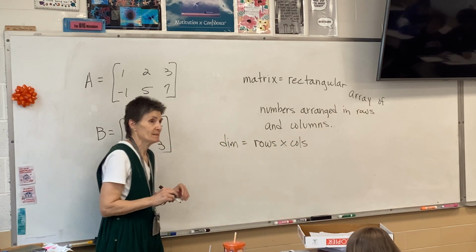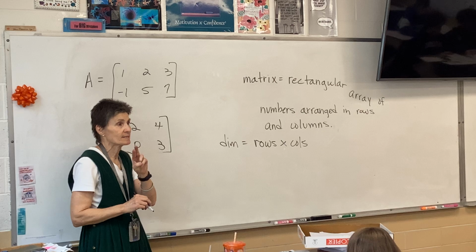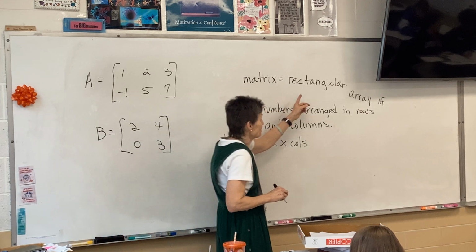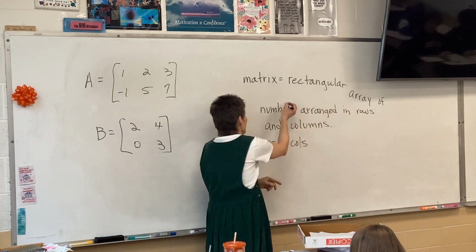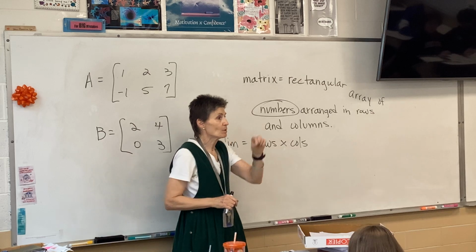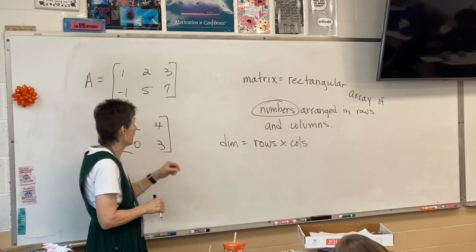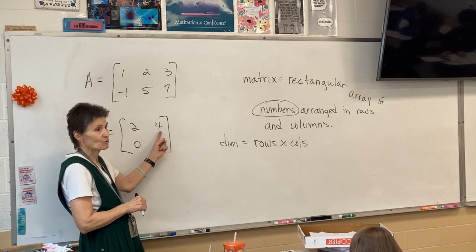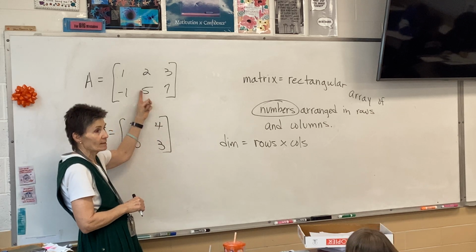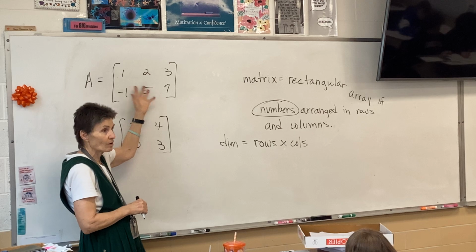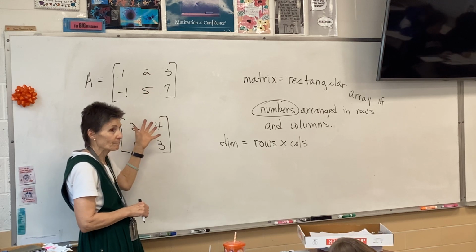Entries or elements, two words for the same concept. Matrix, rectangular array of numbers. The numbers inside the matrix are called entries or elements. So this is an entry. This is an entry. That's an entry. These are called the entries.